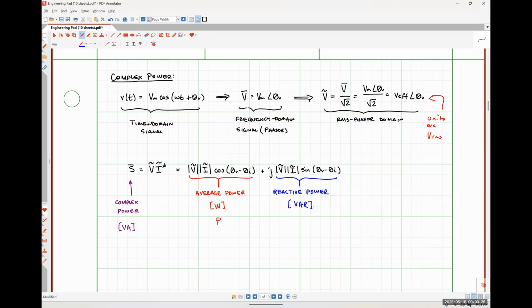The symbol for this is typically expressed as Q, and reactive power is associated with reactive elements in our system, like inductors and capacitors. So what the reactive power really represents is how much temporary energy storage we have in our system. So it is not by any stretch of the imagination actually an imaginary quantity. It's simply 90 degrees out of phase with our average power.